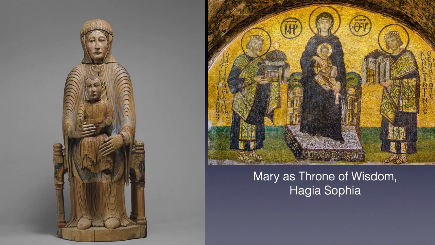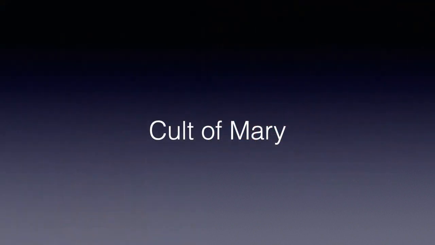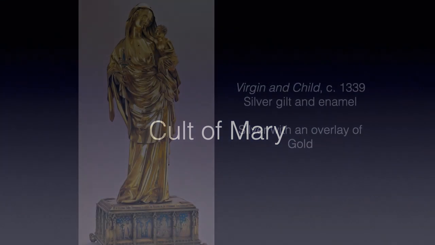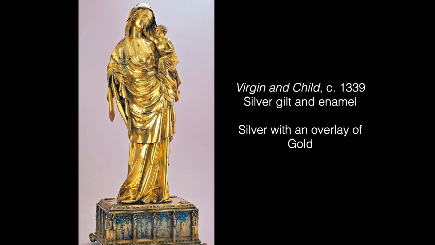This would indicate something that we call the cult of Mary that really takes hold after about the year 1000, maybe even around 1100. To get an idea of what this means, and let me hasten to add, cult in this context isn't some kind of freakish splinter faith, but rather a particular devotion within the larger world of Christianity. So let's take a look at this.